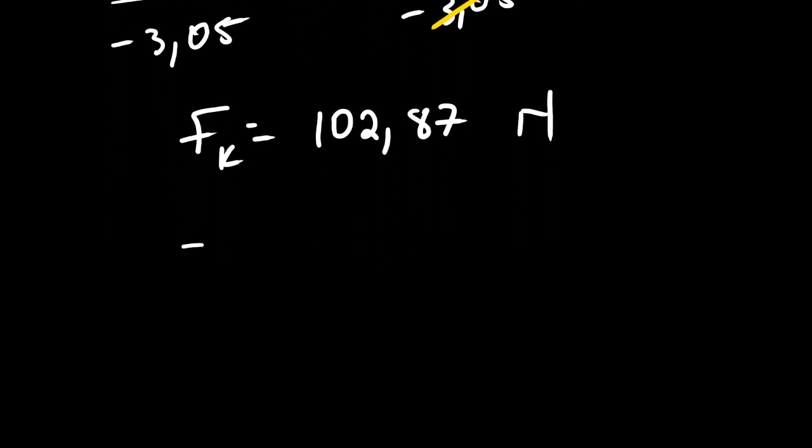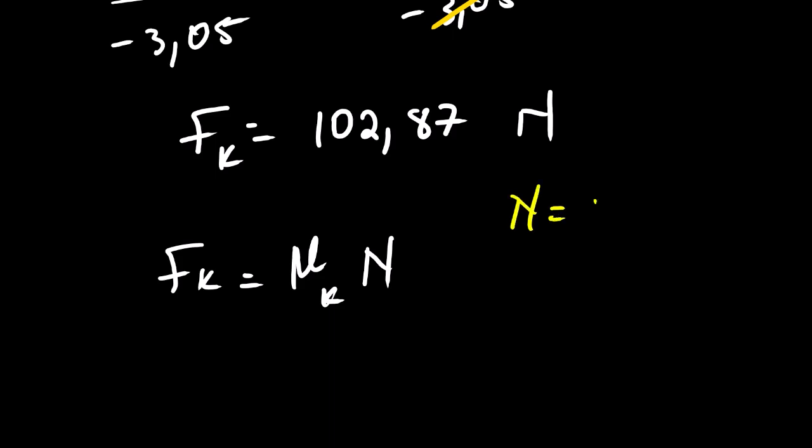Then from here we know the equation of kinetic friction is the coefficient multiplied by the normal force. Now the normal force on an incline, we know that the equation of normal force is equal to mg cos theta.